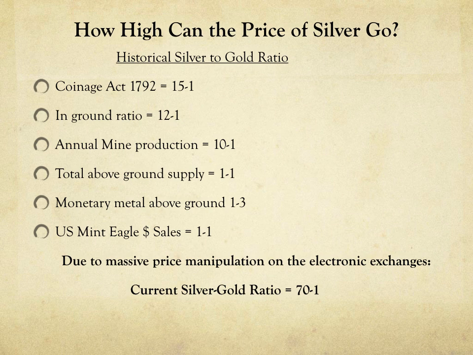I believe it will cross that 1-to-1 ratio, at least for some amount of time, and maybe forever, because there are so many more uses for silver in industrial applications than there is for gold. Gold's pretty much only a monetary metal. Silver is everything, and the more technology changes and the more inventions that are made, you're going to see more and more money going in to get their hands on physical silver.